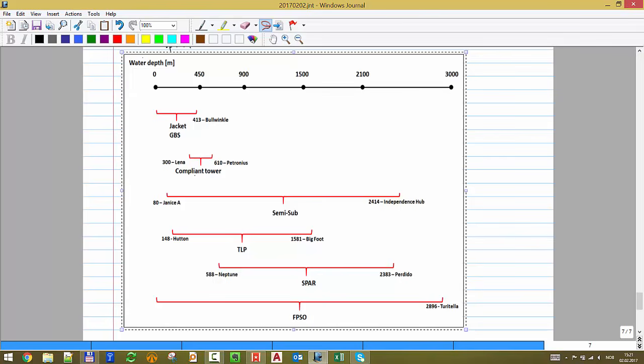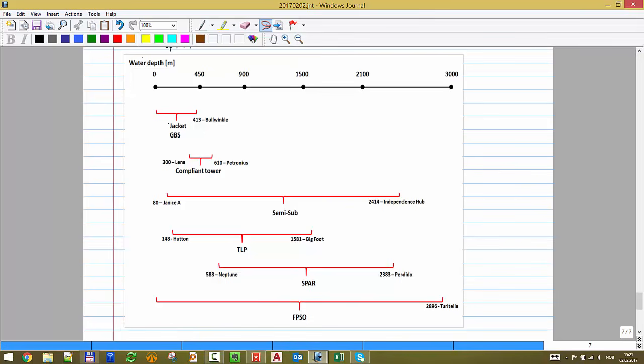And then compliant tower, they try to expand a bit further the range of the jacket, but you go to 600. There is no compliant tower in the North Sea. Those are really the kings of the low depth.